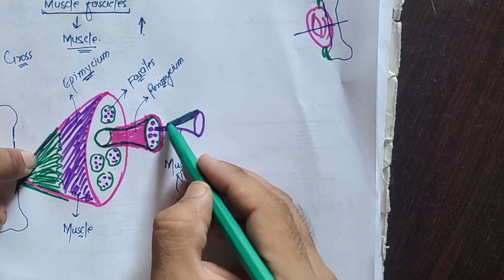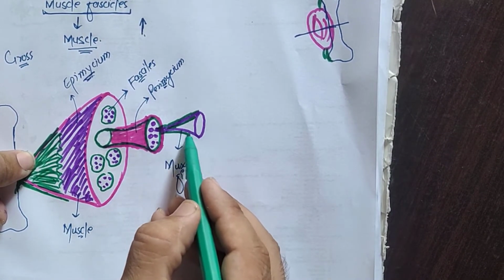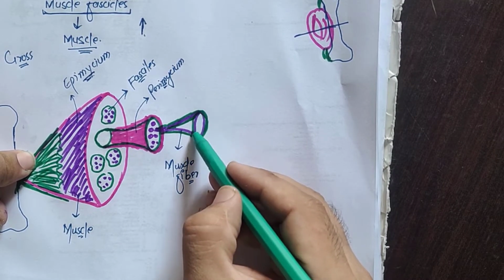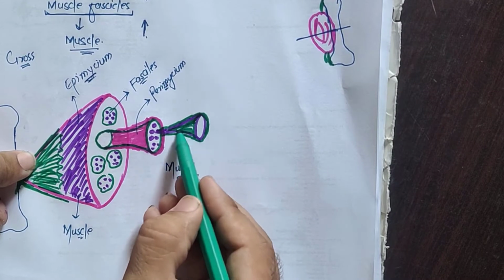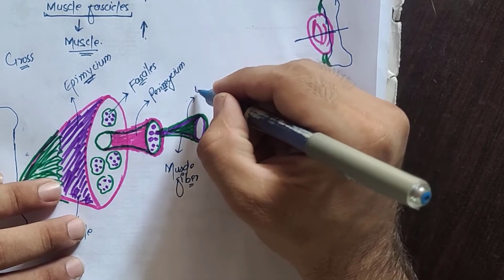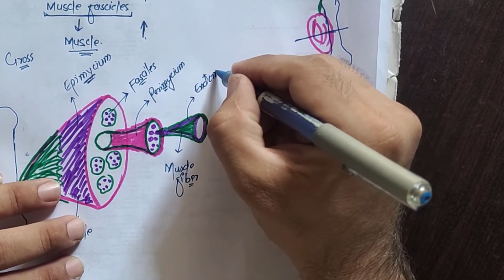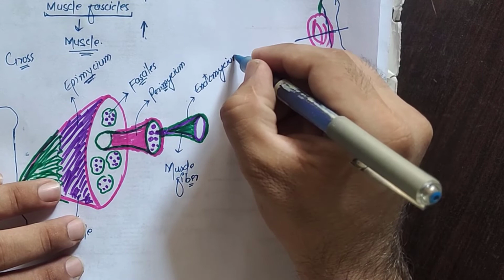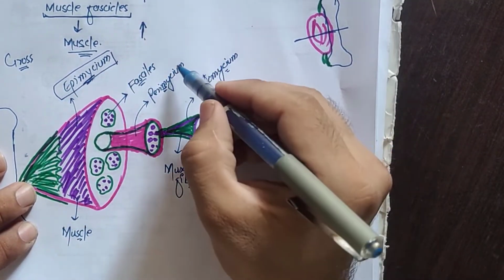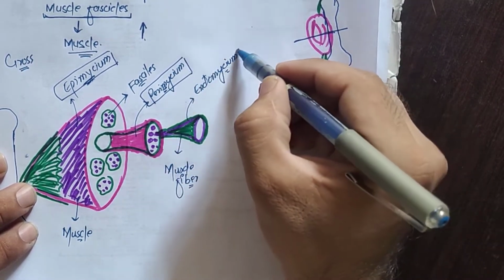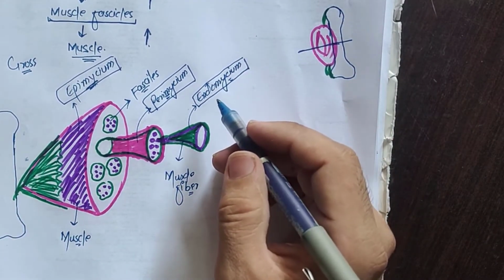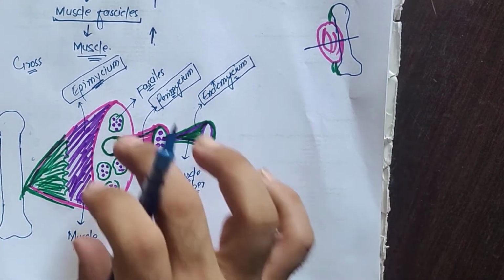It's a protective layer, a sheet layer around it. This is called endomysium, right? So epimysium, perimysium, endomysium. This is what I had told you in the previous lecture, the connective tissues related to the muscle, right?